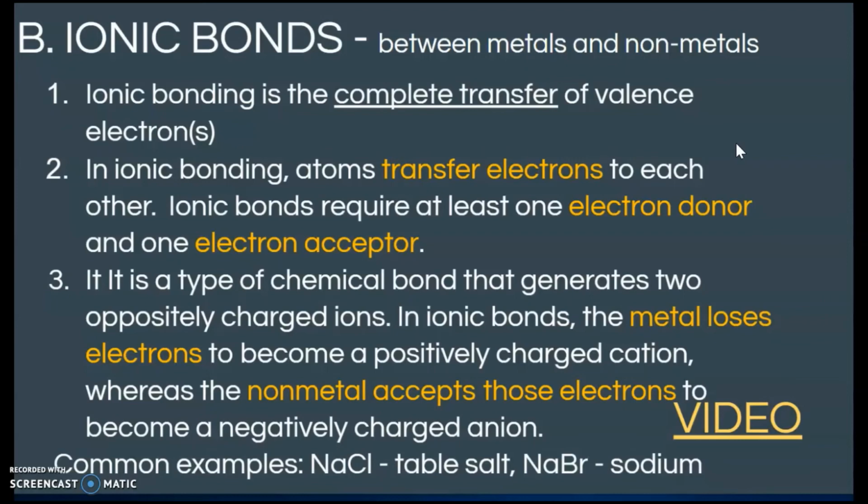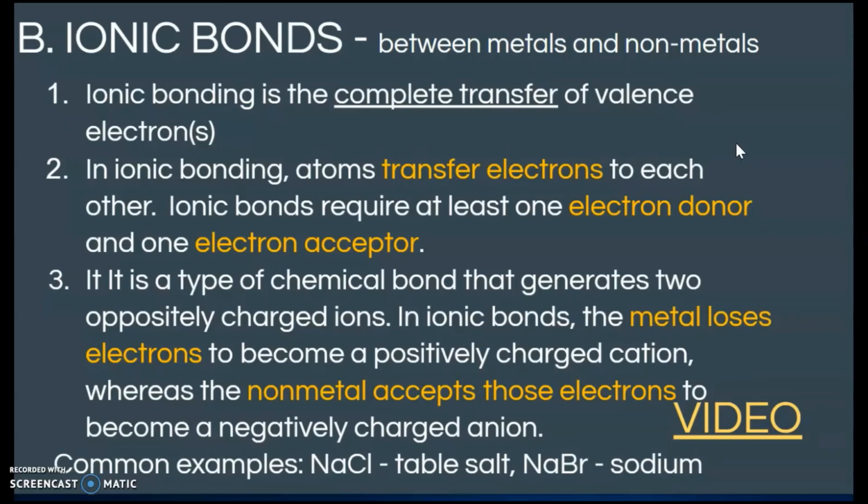So an ionic bond is a complete transfer of valence electrons. It's when the electrons transfer from one atom to another. So in an ionic bond, there's an electron donor, the atom that is giving its electron away, and there's an electron acceptor, an atom that's receiving the donated electron. So it's a type of chemical bond that generates two oppositely charged ions.